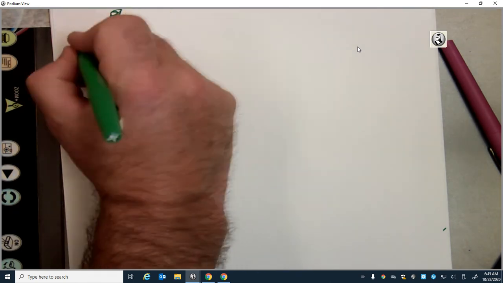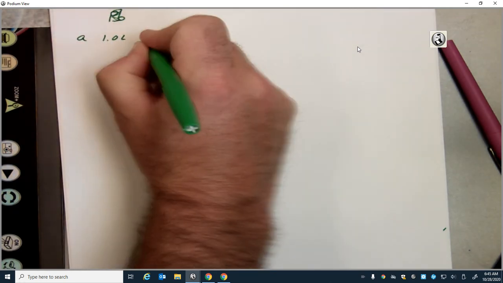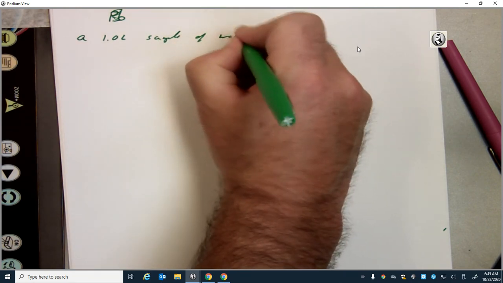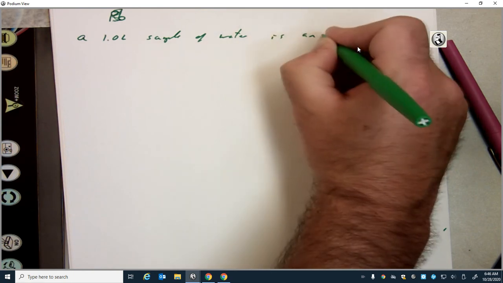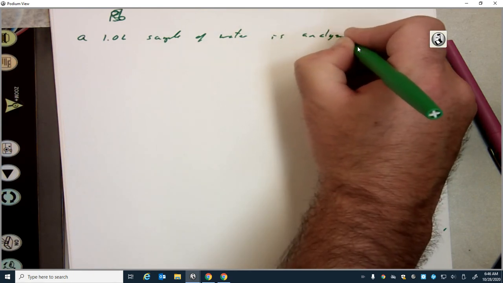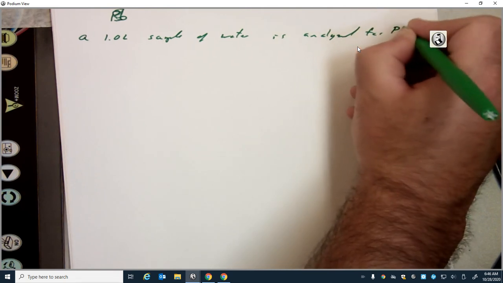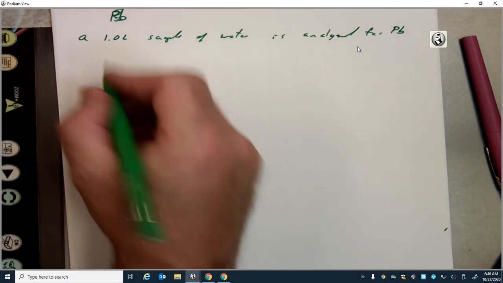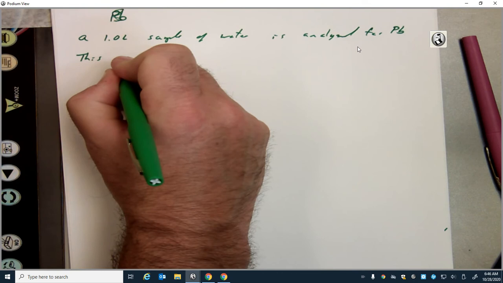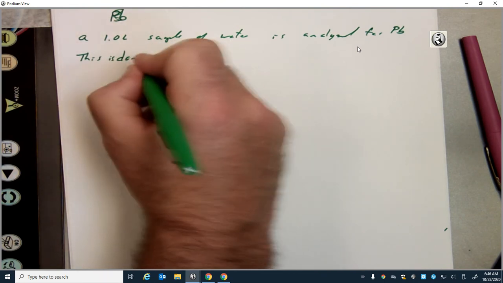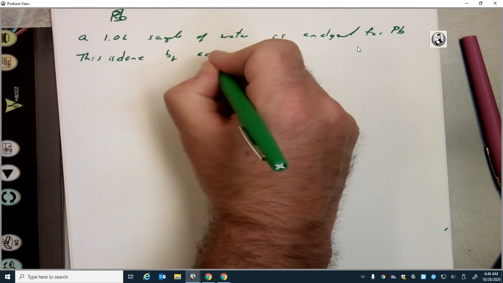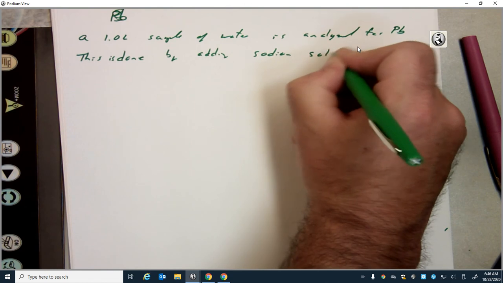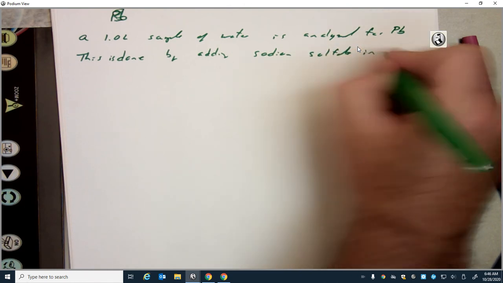So let's say we have a 1.0 liter sample of water that is analyzed for lead. Right? So we go over to the sink, we get a liter sample of water. This is done by adding sodium sulfate in excess.